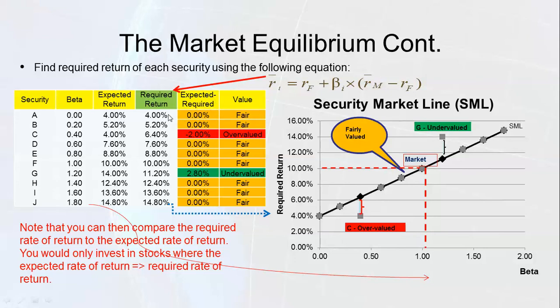If the expected return is equal to the required rate of return, that is a fairly priced security. So in this case A, B, D, E, F, and H, I, J are fairly priced securities.